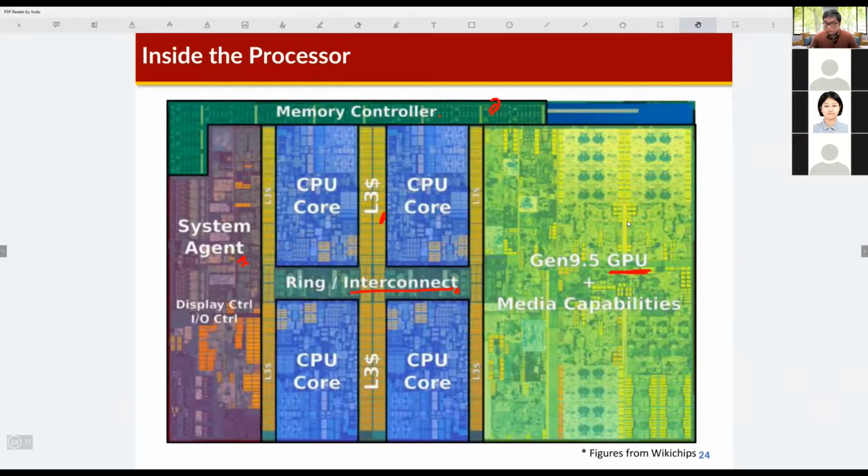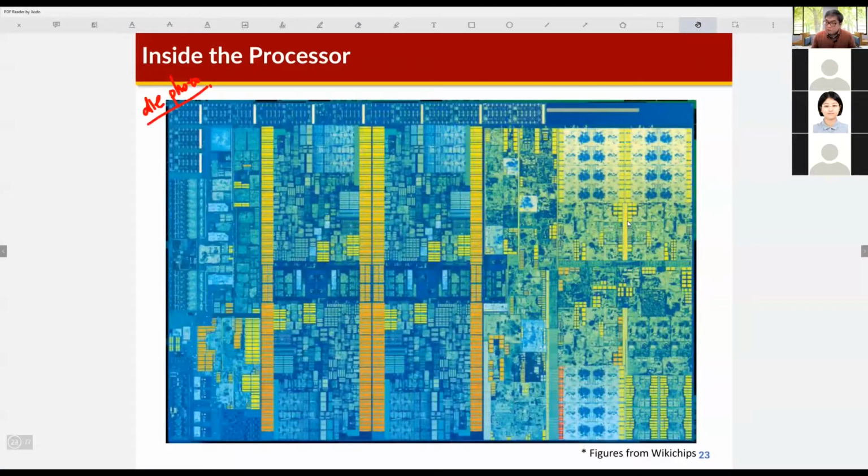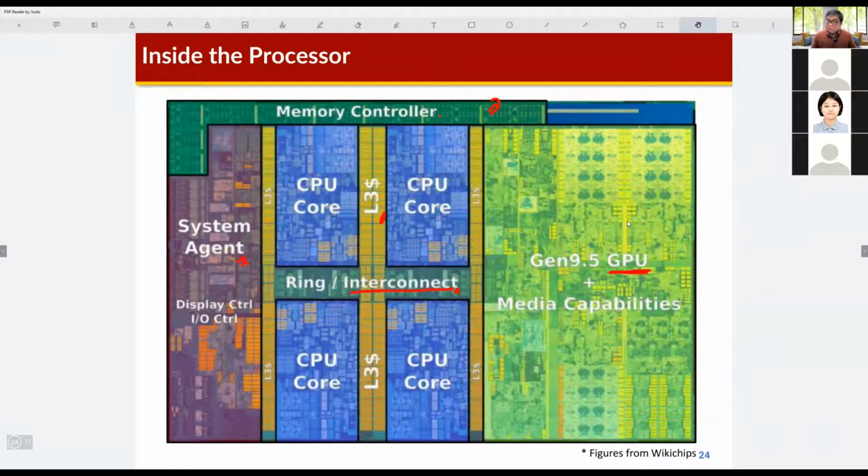So what is different from the previous figure? The previous figure just showed the entire image of the processor, but it's very hard. But this figure shows which part is which component of a CPU.